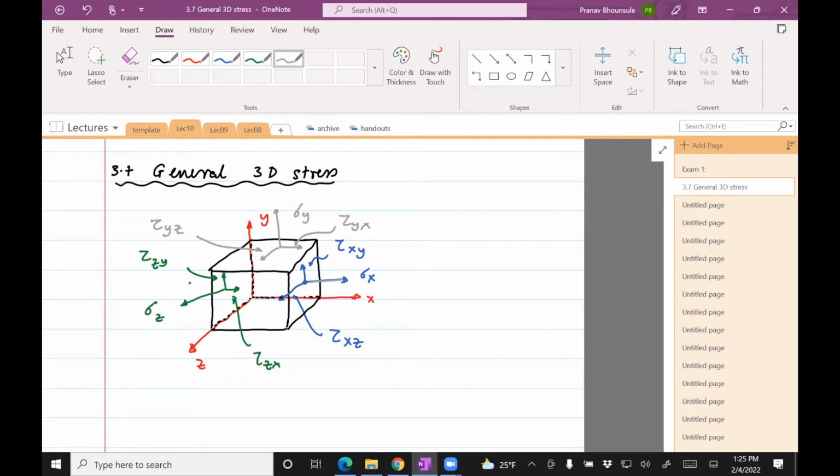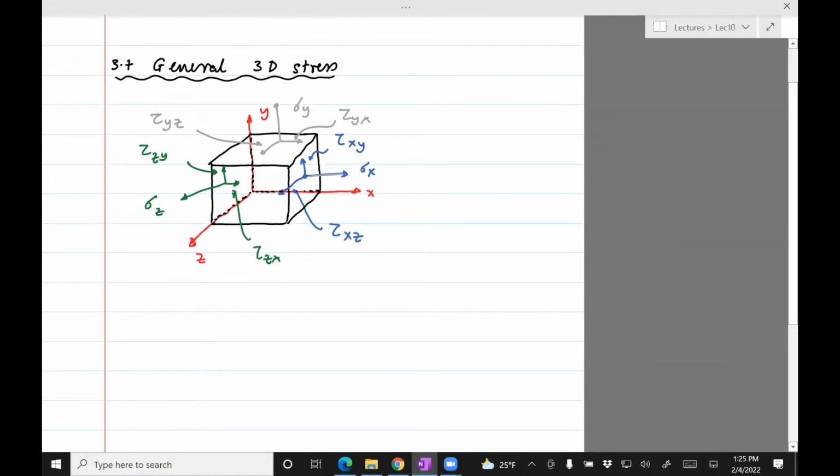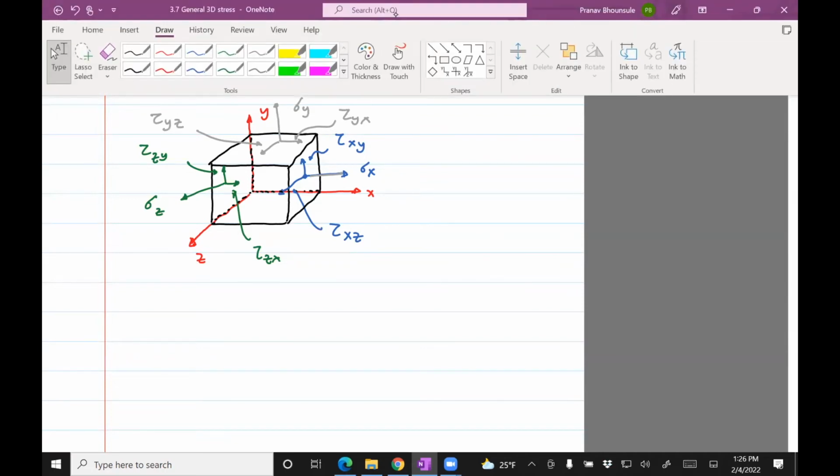Okay, so this is getting fairly confusing, right? I mean, fairly hard, right? How do you analyze something which has three-dimensional or so many stresses? So let me just list down the stresses we wrote down.